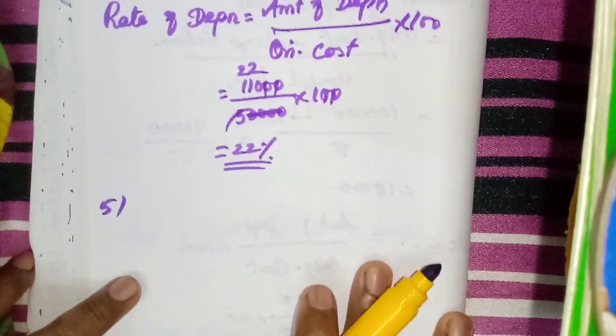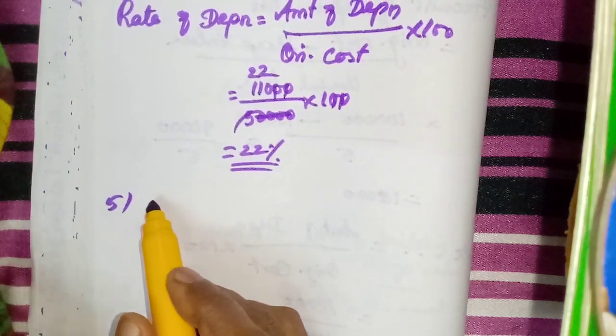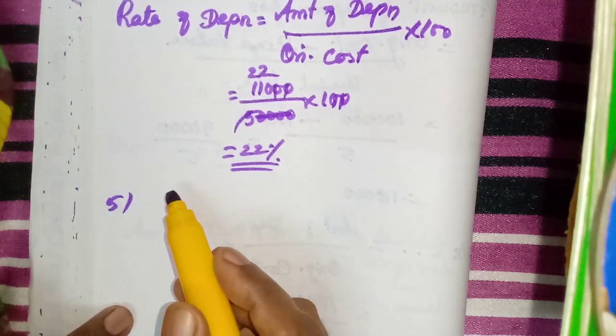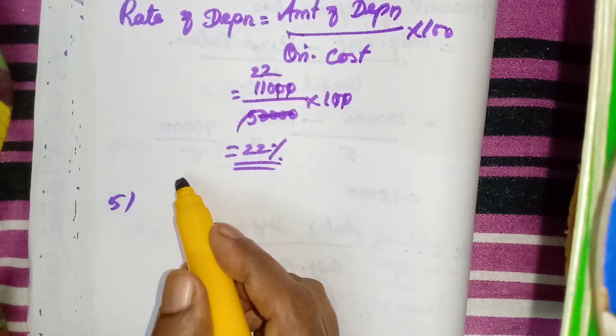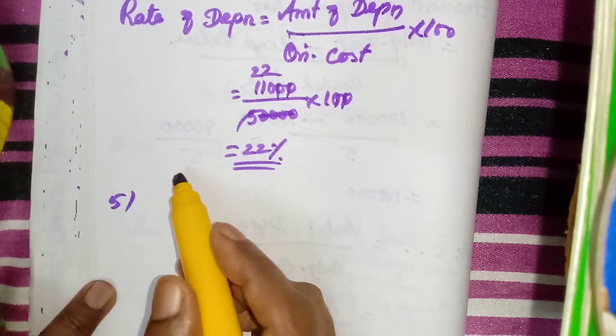So the amount of depreciation for the first year. Our books close on 31st March, and they are purchasing on 1st January 2015.